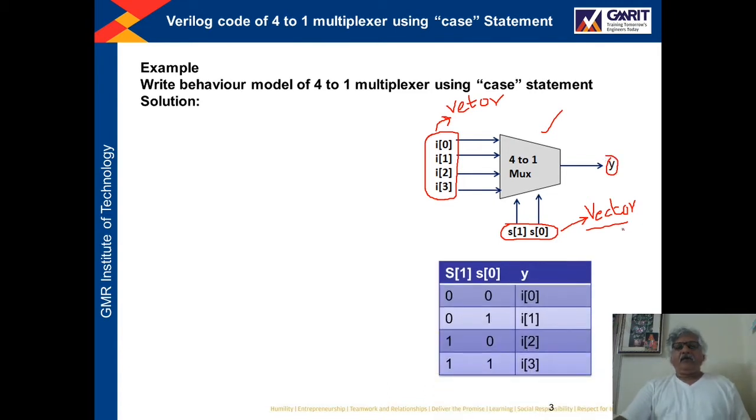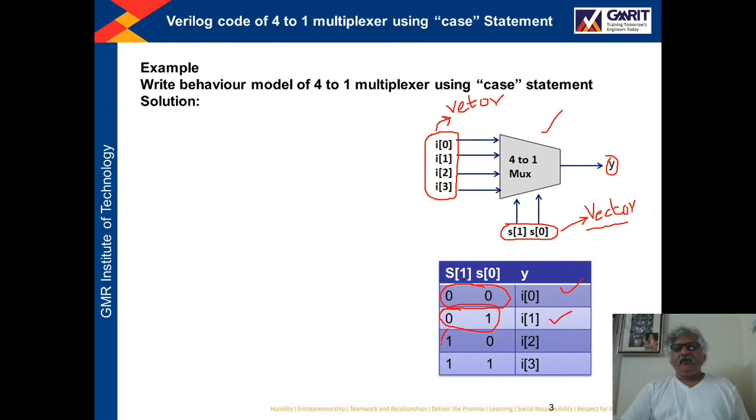The truth table of the 4 to 1 multiplexer is like this. If the select lines have value 0, 0, then the value of input I0 will be transferred to the output. If the select line is 0, 1, that means S1 is 0 and S0 is 1, then the value of the I1 input will be transferred to the output.